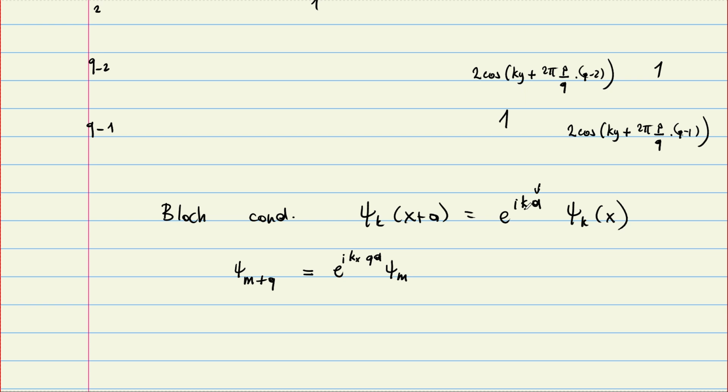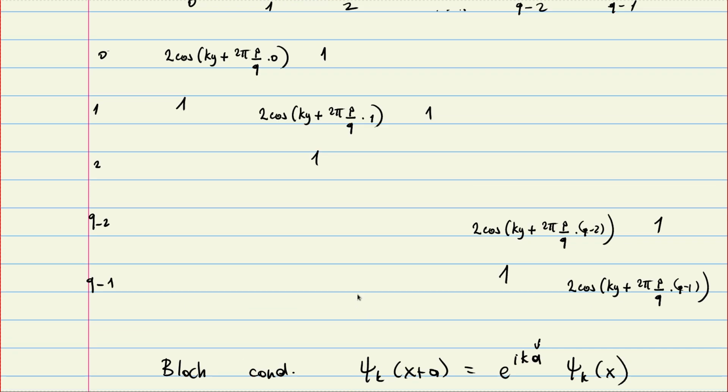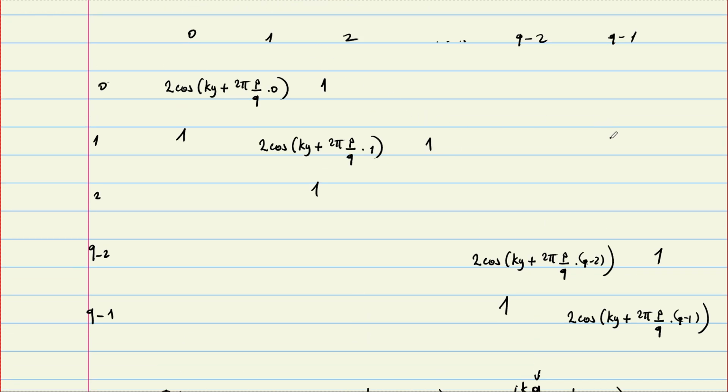Here the wave vector was k, here it is kx, the momentum along the x direction, because I now have x and y directions. So what I will put here is e to the minus i kx q times a, but we take a to be 1, so let me just write it like this. And this one is going to be e to the i kx times q.